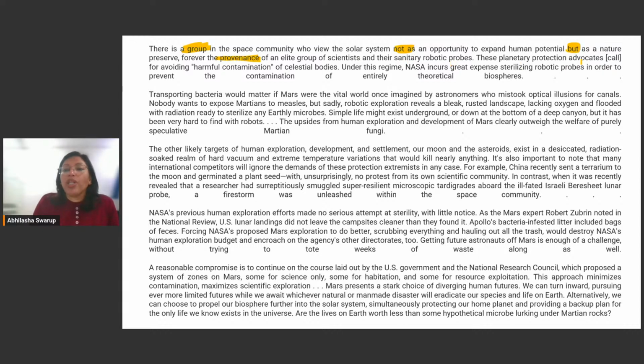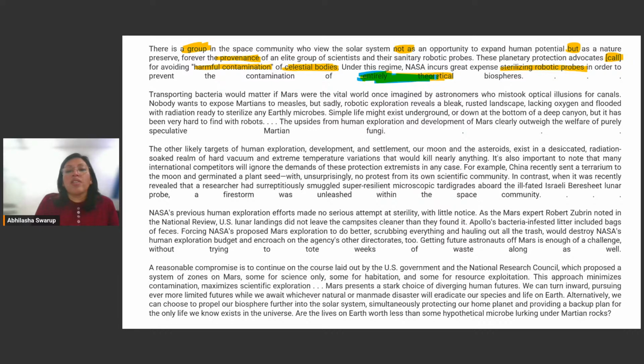These planetary protection advocates ask for avoiding harmful contamination of celestial bodies. They say don't contaminate space. Under this regime, NASA incurs great expense in sterilizing robotic probes in order to prevent the contamination of entirely theoretical biospheres. See, so he's saying these biospheres may not be really true, they may just be theoretical. That's something that the author opines.